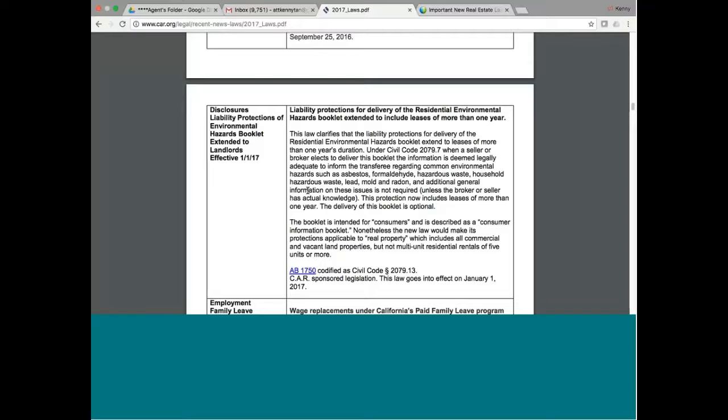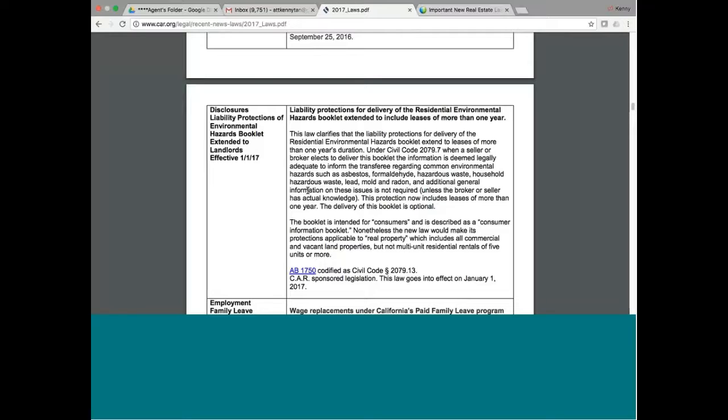But on the other hand, if you have given this booklet to the buyer, that is like an automatic shield from this type of lawsuit, because your attorney will be able to tell the other side's attorney, hey, look, this is what California law says. It applies to commercial property too, no? Actually, it really doesn't say it applies to commercial property.